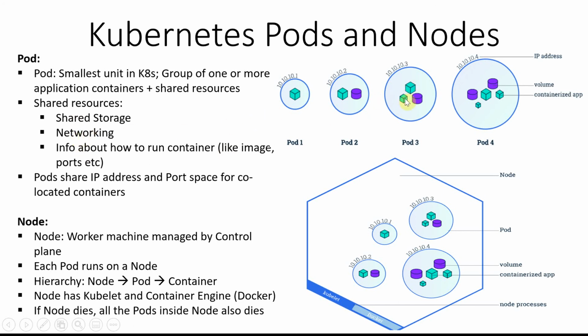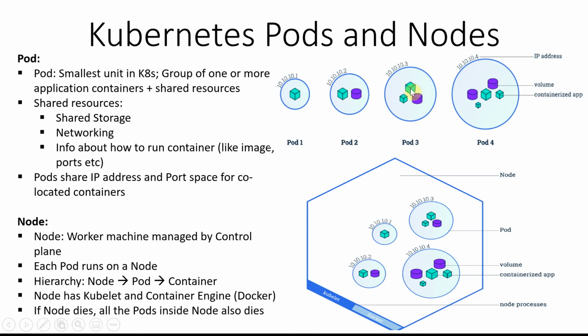When two containers are created as pods, there could be some commonalities between these two pods. For example, a database or a storage. A database is nothing but a storage, and you can create that as a storage component. This database or storage could be commonly shared between these two pods.